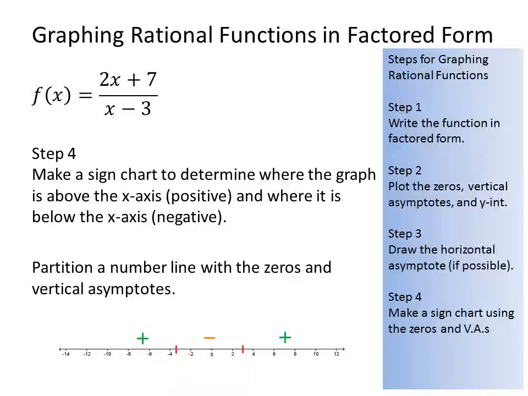We're using the fact here that a rational function can only change signs when it crosses either a zero or a vertical asymptote. What that means is if you plug in one value that's less than negative 3.5, say you plugged in -10, and the number that you get is positive, that means that all the numbers less than negative 3.5 will be positive.